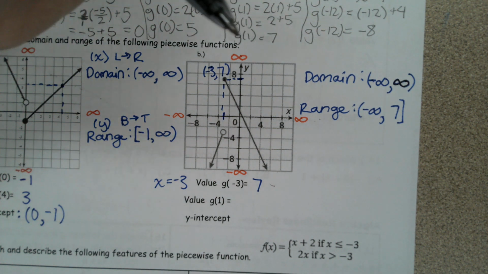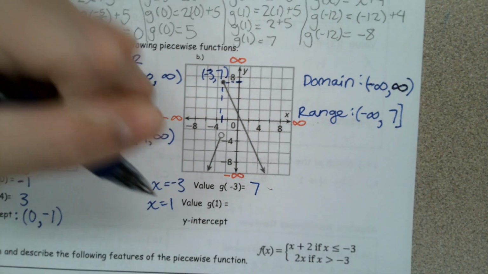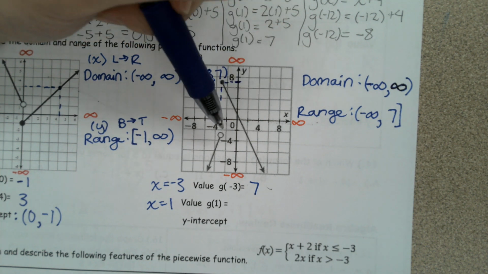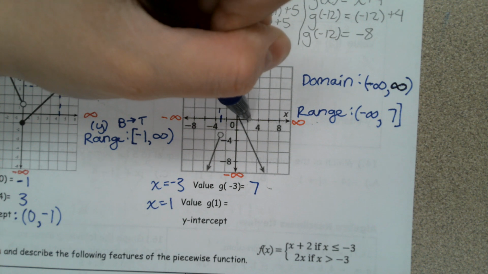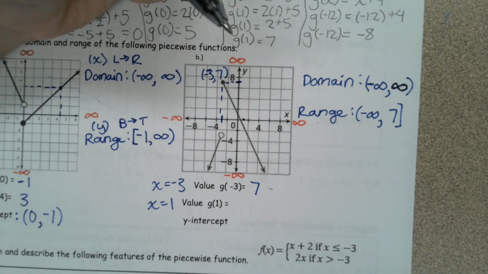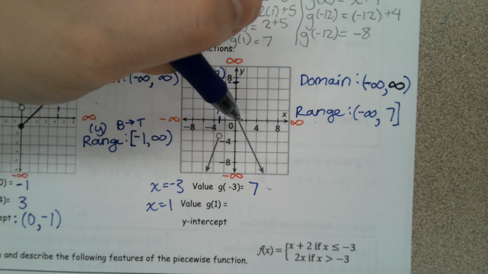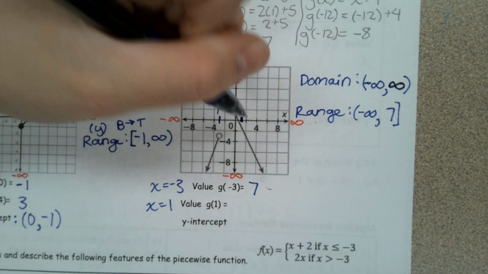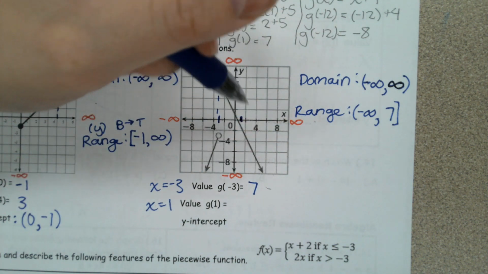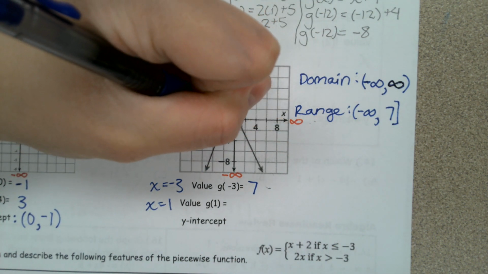G of 1. That means x equals 1. So we're going to go on the graph and find 1 on the x-axis. That's halfway between the 0 and the 2. Now this one you're going to have to do a little bit of guesswork, because it's in the middle here. But if we go up and down, it connects here.